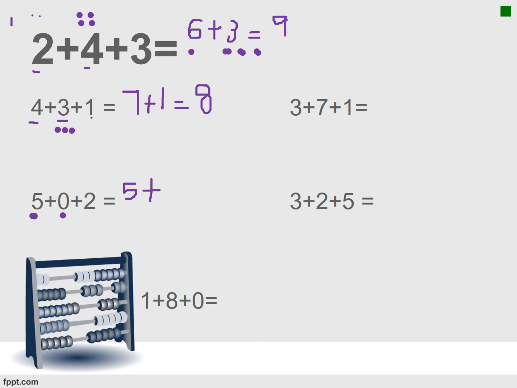Number 2. So what is our answer? We have 5 here, plus 2, 5, 6, 7. So the answer is 7.